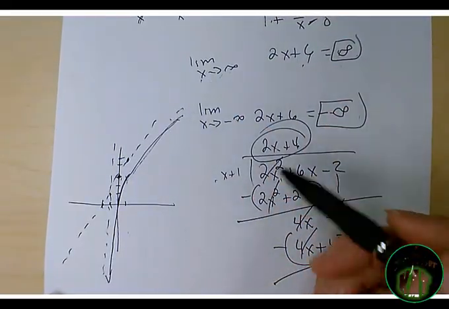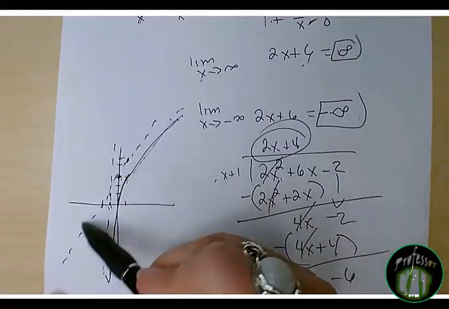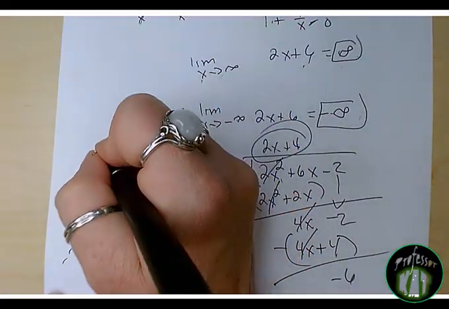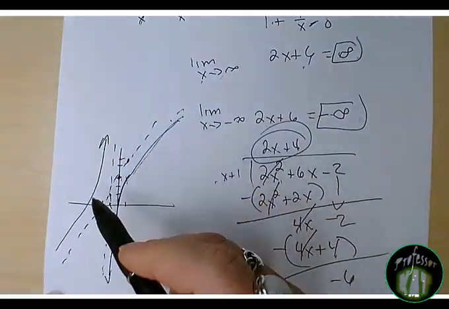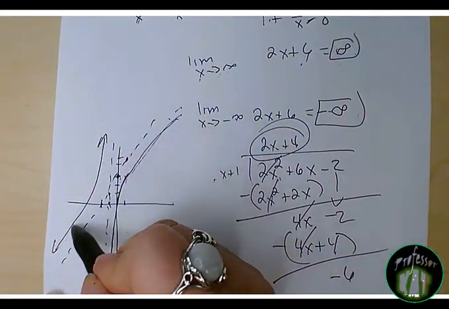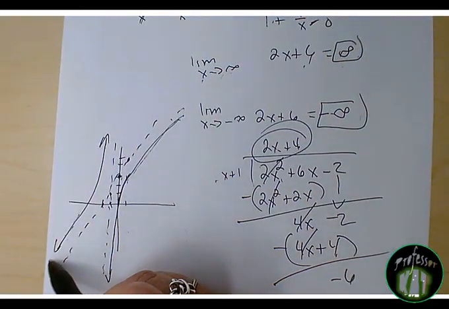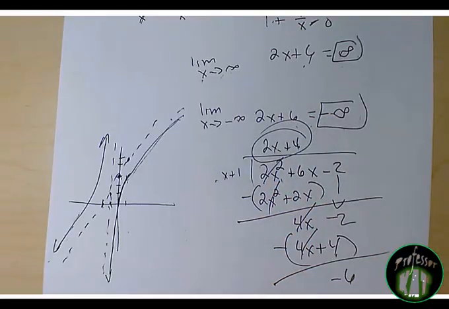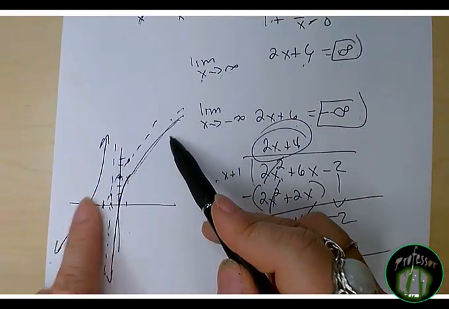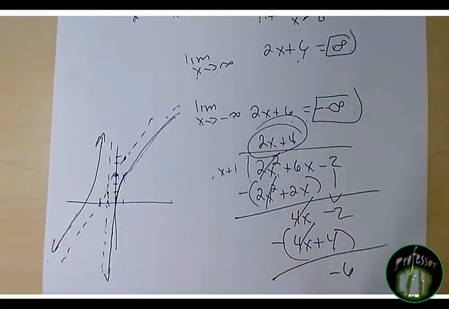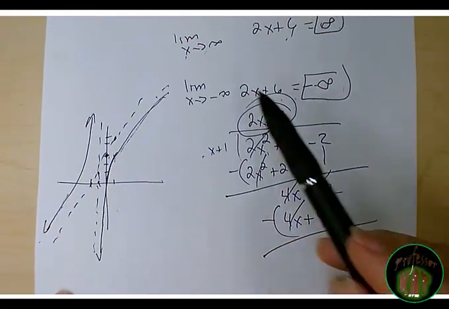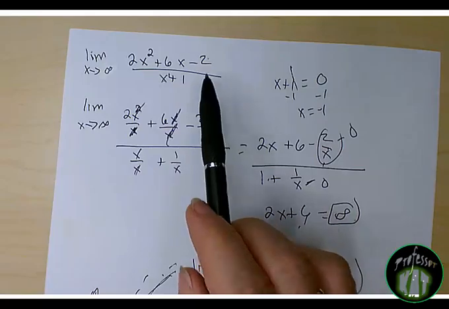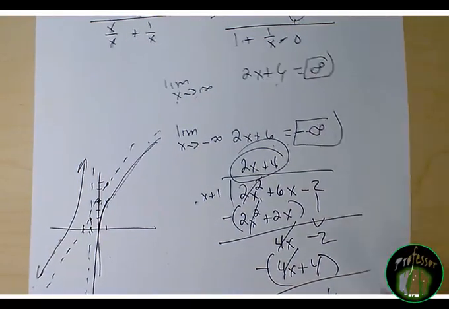On the left side, our graph is going to shoot down to negative infinity and keep going negative. So our end behavior is down on the left, up on the right for this function, based off our slant asymptote, our vertical asymptote, and the limits that we got here.